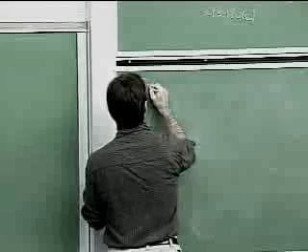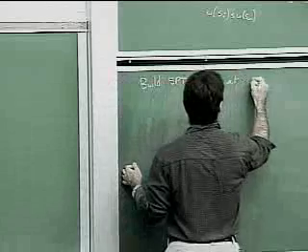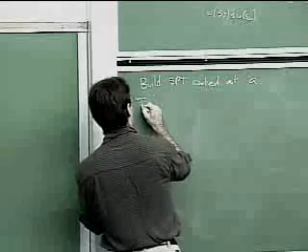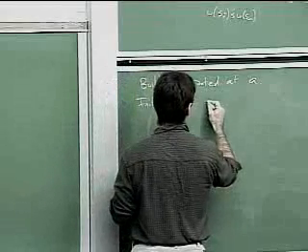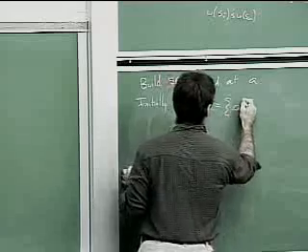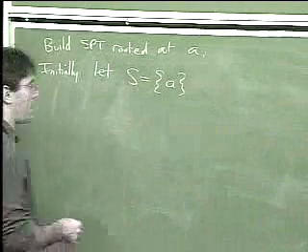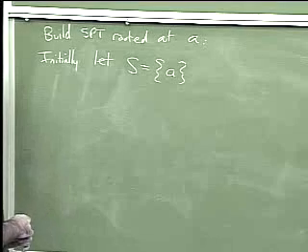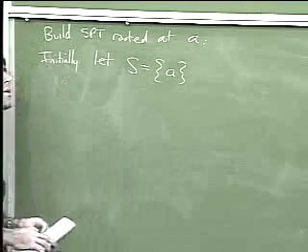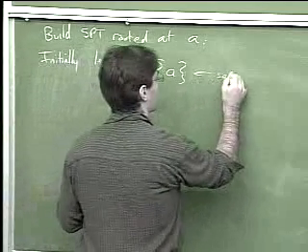Okay, and now we're going to look at building a shortest path tree rooted at A. Okay, so initially, we'll call it S. S consists of A. Yeah, let S consist of A. S will be the set of nodes.